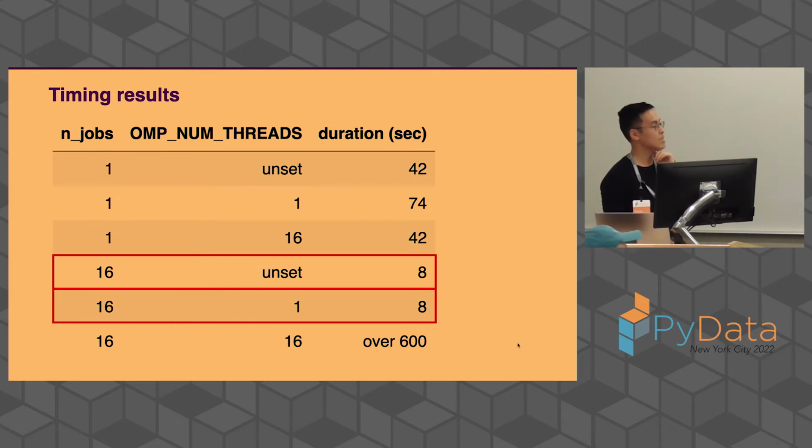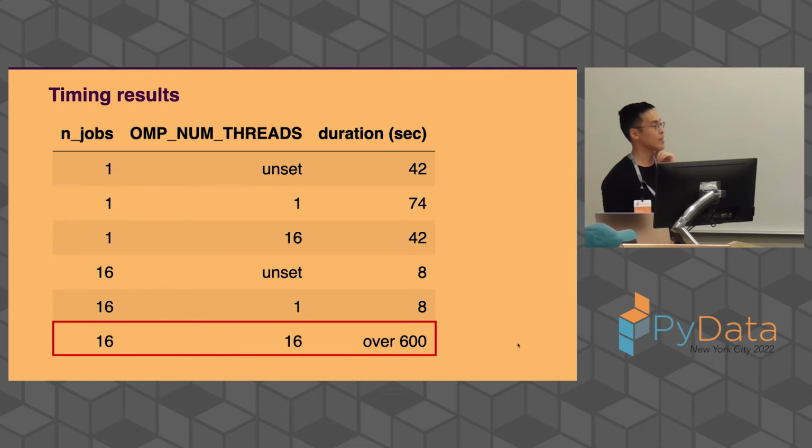And at the end, you can also see that I tried to run this with n_jobs 16 and OMP_NUM_THREADS 16. In this case, joblib doesn't do anything because you manually set it to 16, so it's going to obey it. And in this case, I ran it for 10 minutes and I gave up because it didn't end. So this is something to think about when thinking about oversubscription.